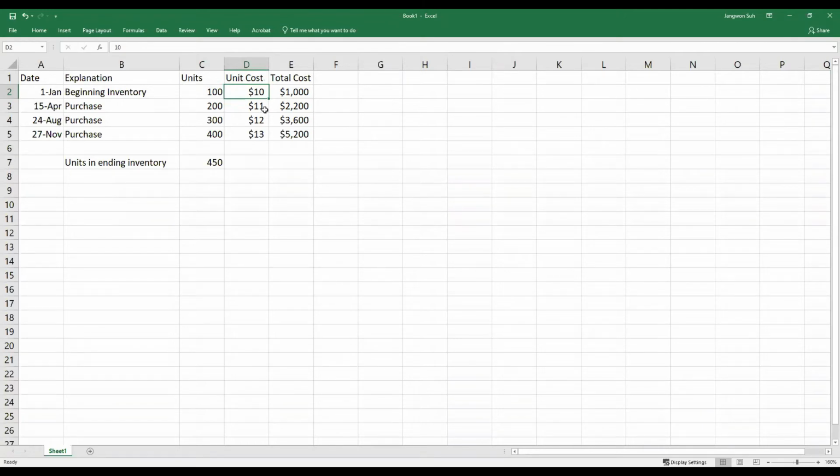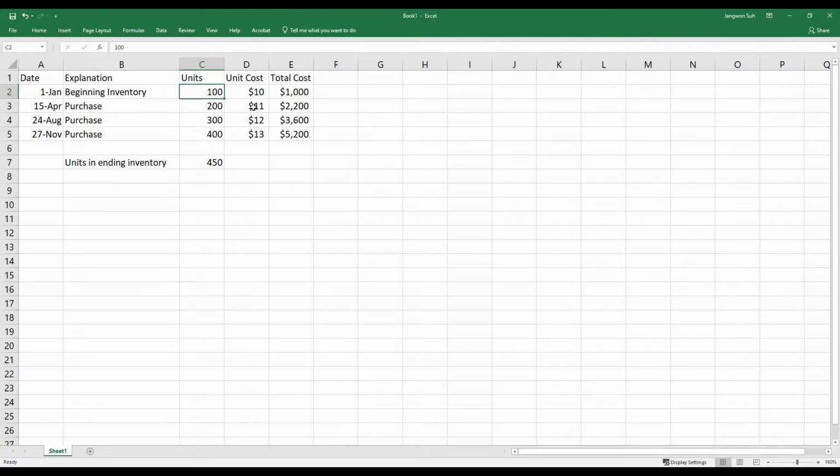All right, sounds good. And let's further assume that all of the condensers are identical to each other, meaning you cannot distinguish among different items. Like you purchase a further 200 on April 15th. And again, let's assume that these 200s are identical to each other, but also identical to the beginning inventory items.